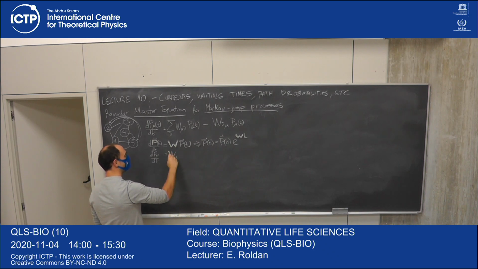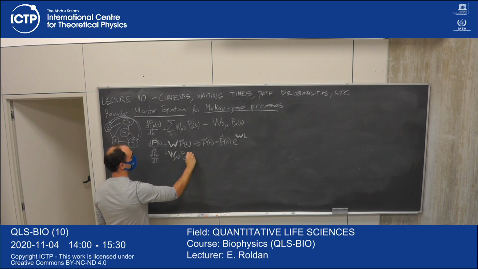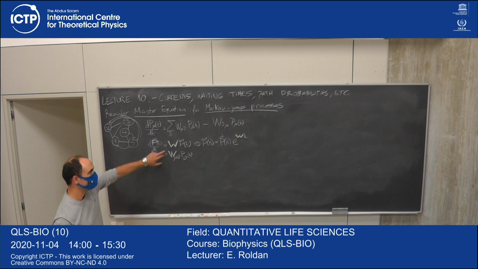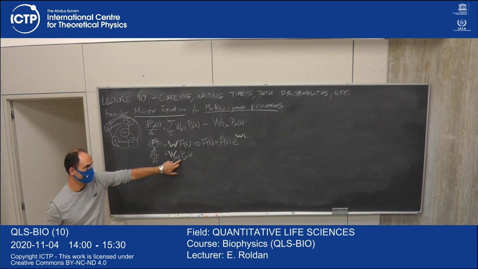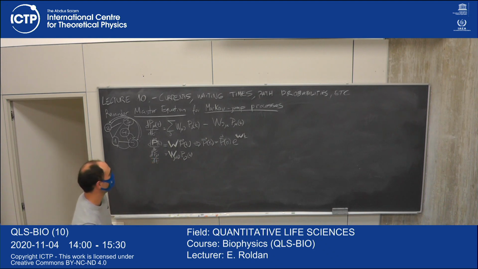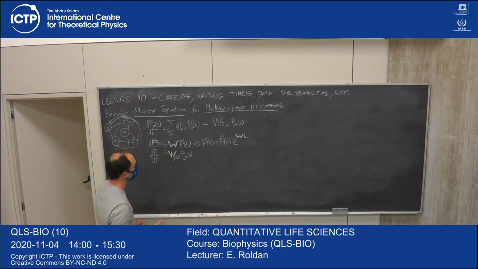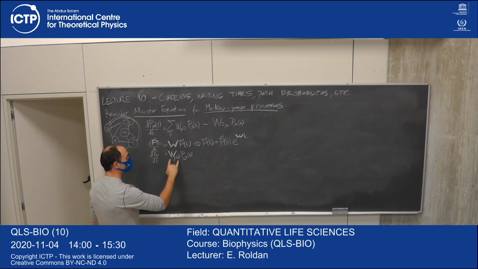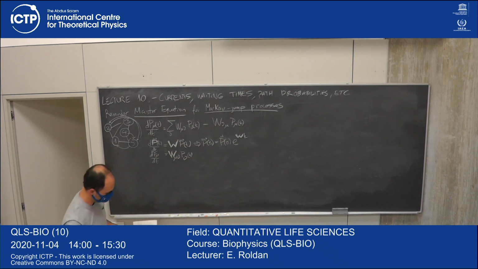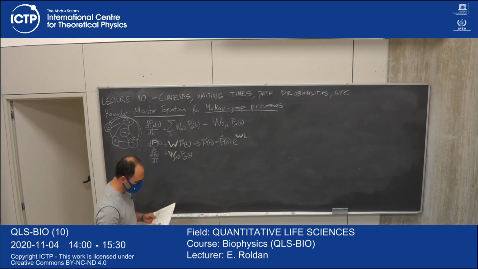Okay, let me write it like this: bold W mu nu p nu of t. So this matrix multiplication with a vector means this in components. So this means that you can write this matrix in terms of this one. So this matrix should be in such a way that you get this equation, which is the master equation, right? And the way this is computed is as follows.